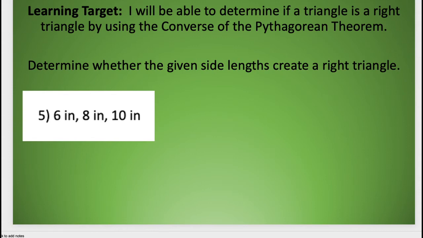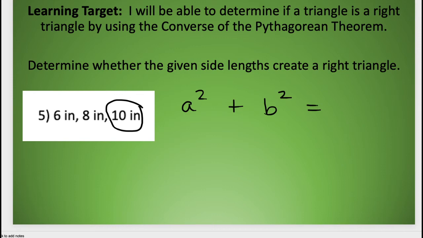We're trying to determine if the given side lengths, 6 inches, 8 inches, and 10 inches, will create a right triangle or not. So the longest side is the 10. If this is a right triangle, we don't know, but if it is, the 10 would be the hypotenuse.